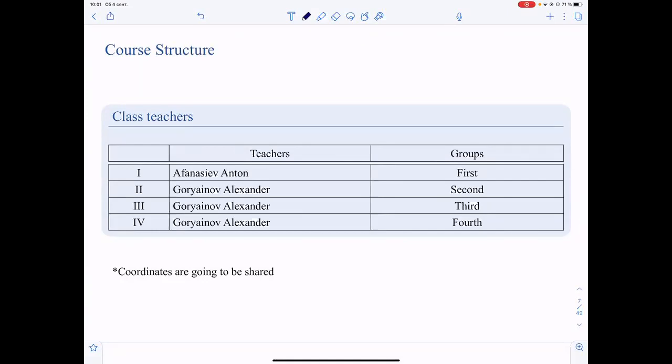And in the first module, you are going to have 1 lecture, 1 class. In modules 2 and 3, you're going to have 1 lecture and 2 classes. In module 4, we'll have 1 lecture and 1 class. Well, as I said, the meat of the course is going to be very intensified.